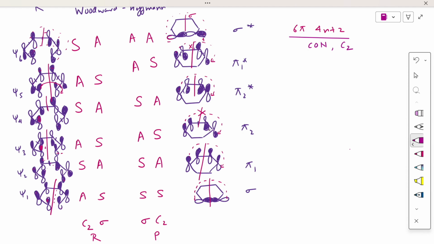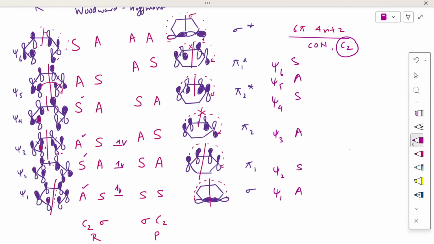So con means rotation to the same side so C2 எடுப்போம், C2 க்கு என்ன இருக்கு A S A S A S. So I have xi1 A S, நான் அதே லைனில் எழுதுறேன், so that A S A S, so this is my xi1, xi2, xi3, xi4, xi5 and xi6 and this has 6 electrons therefore I'll be having 2 here, 2 here and 2 here, so your xi3 becomes your HOMO and xi4 becomes your LUMO, okay so this is your HOMO-LUMO energy gap.